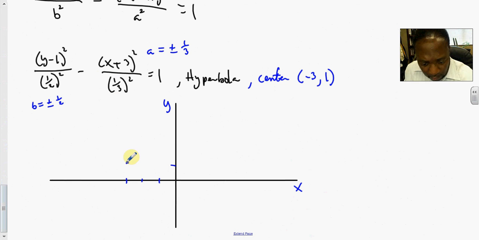So what we do from the center for x plus or minus, we go to the left and to the right, a 1/3. So we're going to shift over 1/3. So it's not as much as a half. So I'm going to go here, let's say there. And then from the center, we're going to go up and down a half.